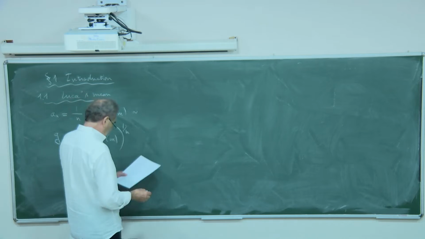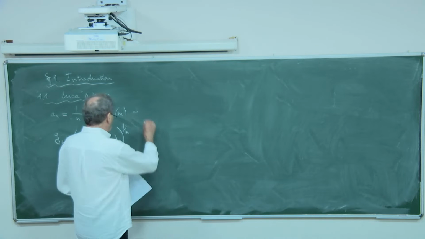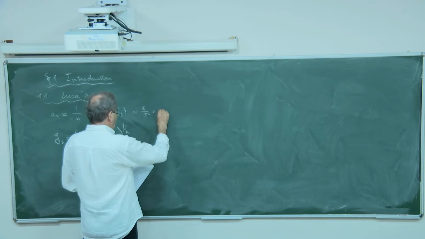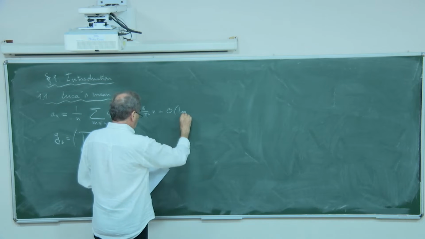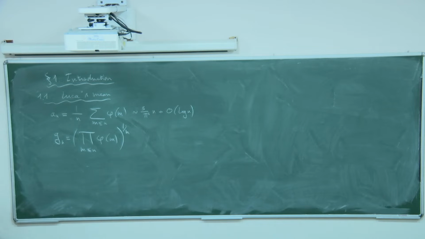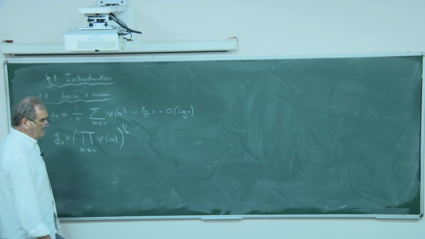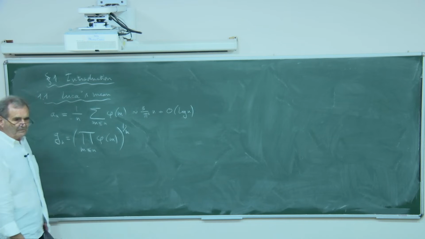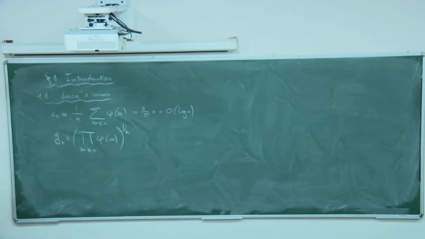This is equivalent to 3 over pi square n, and it is rather good approximation, but it's not plus little o of 1. This plus big O of log n. We'll see a lot of summation like this one, so there's no point to say anything about it right now.